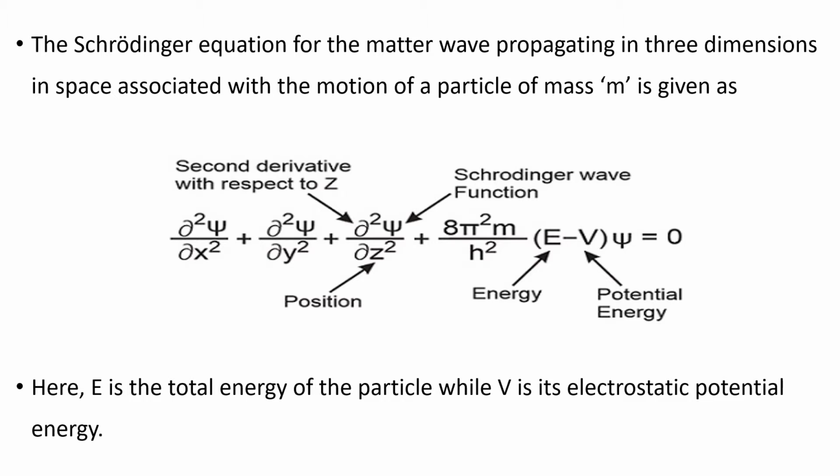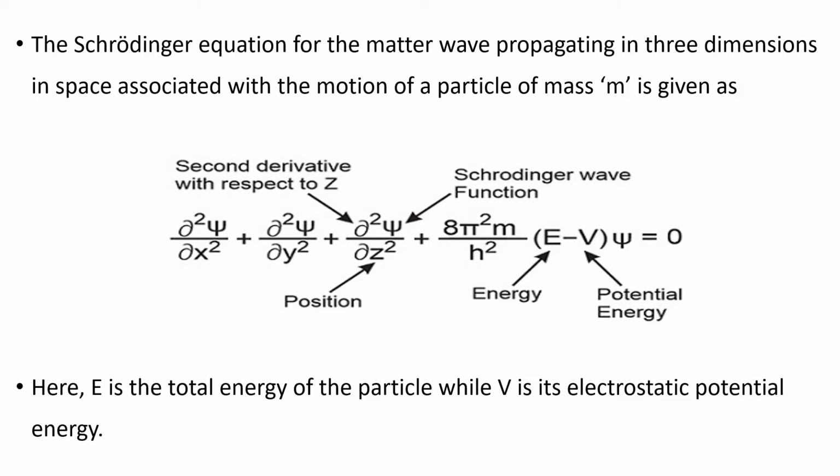The Schrodinger equation for the matter wave propagating in three dimensions in space, associated with the motion of a particle of mass m, is given as the second derivative of psi with respect to x plus the second derivative of psi with respect to y plus the second derivative of psi with respect to z plus 8 pi square m divided by h square into (E minus V) psi is equal to 0, where E is the total energy of the particle, V is its electrostatic potential energy, and h is Planck's constant.